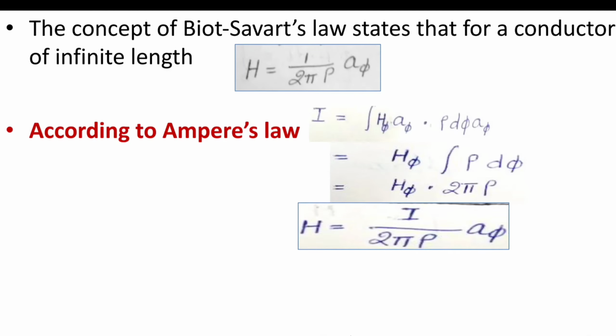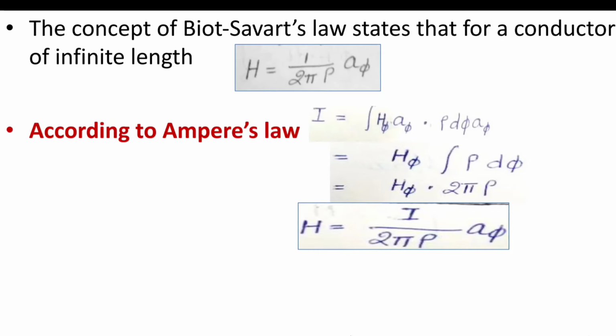Now, according to Ampere's law, the total current enclosed I is equal to the integral of H dot dl. We write this as I equal to the integral of H phi a phi dot dl. The differential length is rho d phi a phi.